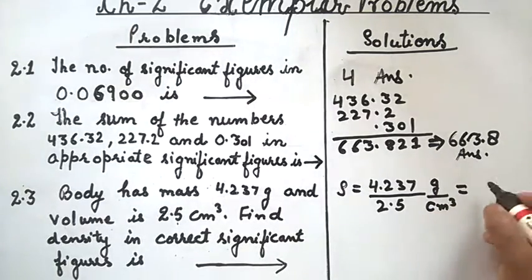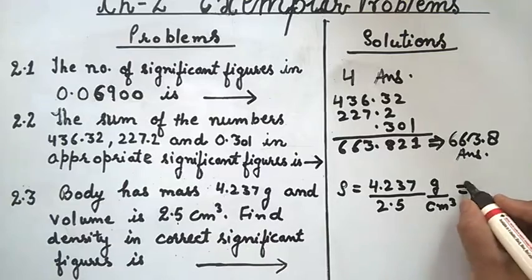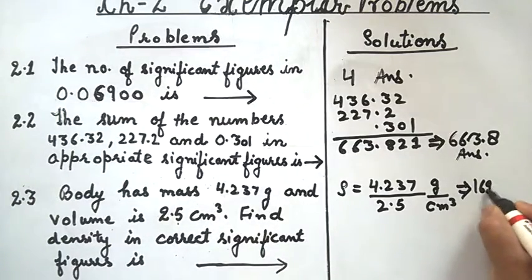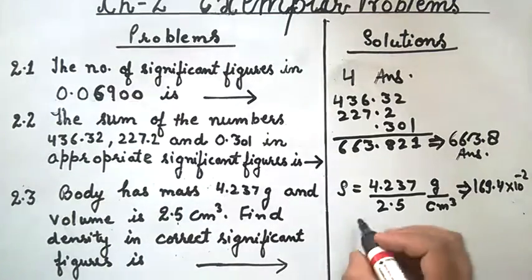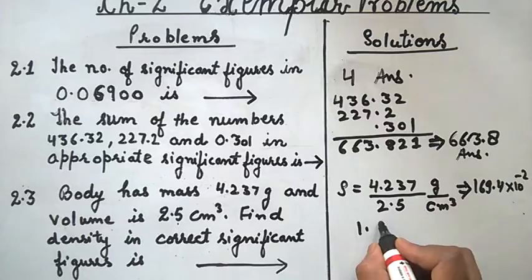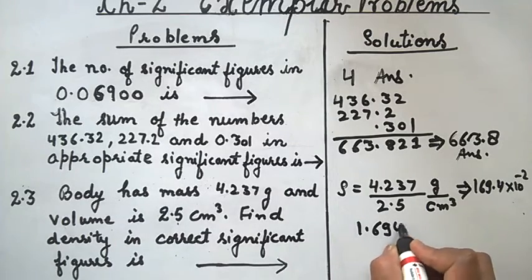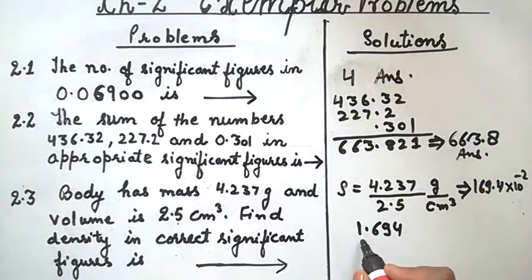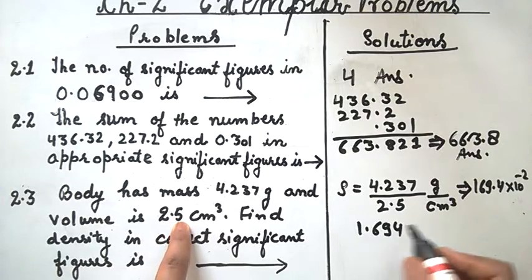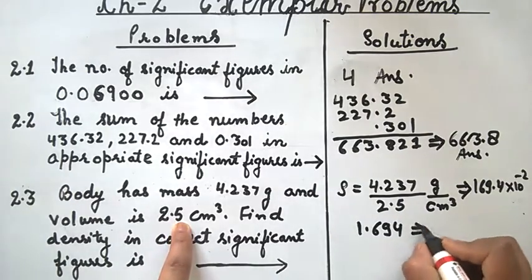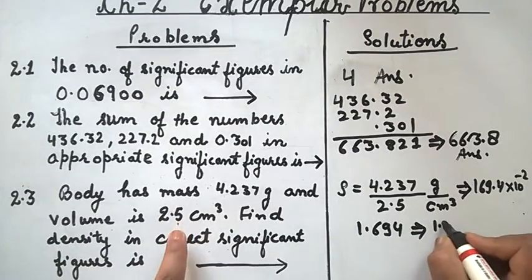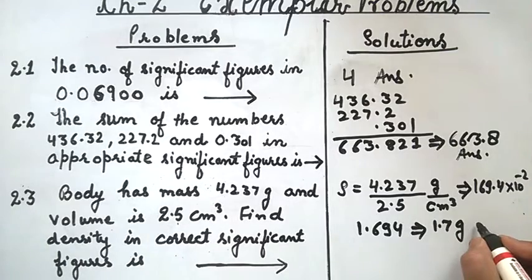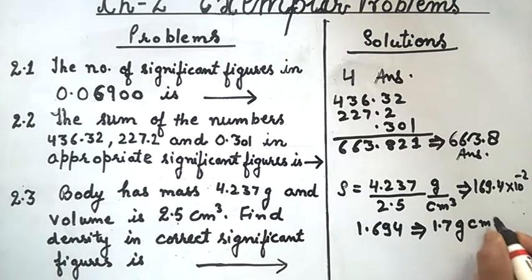When we solve it, we find that it is equal to 169.4 into 10 raised to the power minus 2, or we can write 1.694. Now again round it off up to the least decimal place, that is one decimal place. So 9 is given here, so it will increase by 1, that is 1.7 gram per centimeter cube. This is the answer.